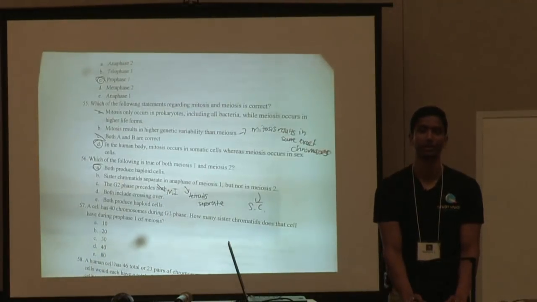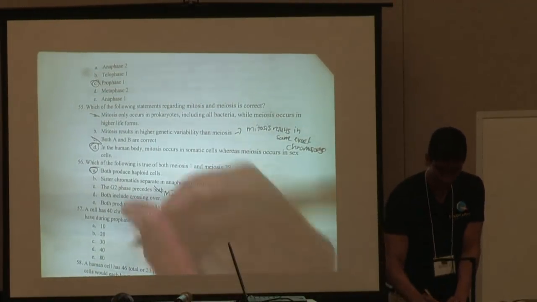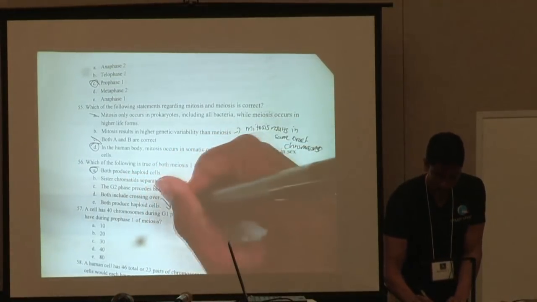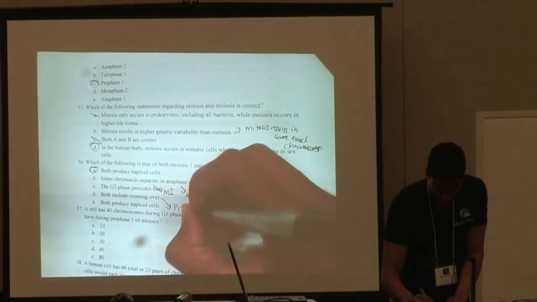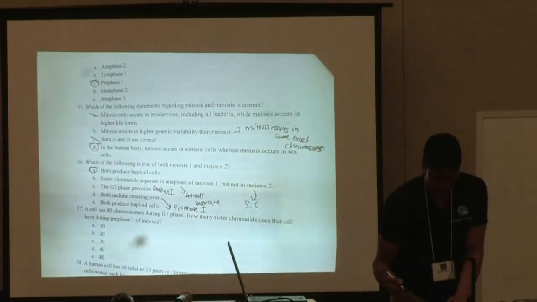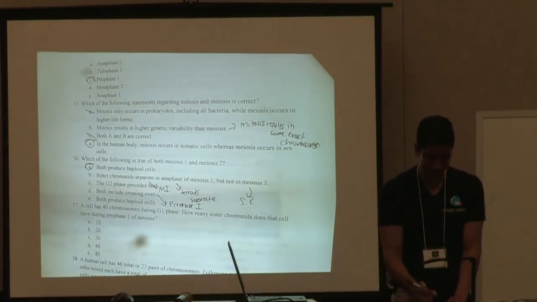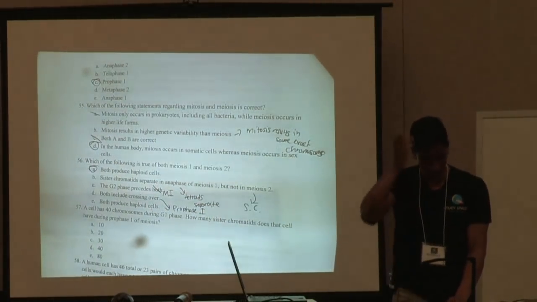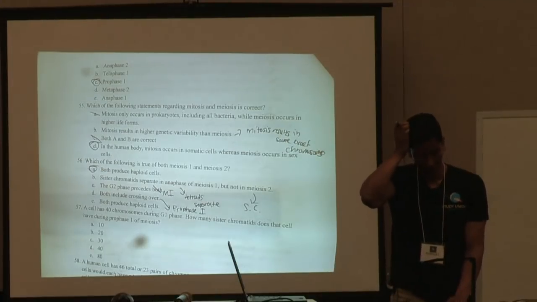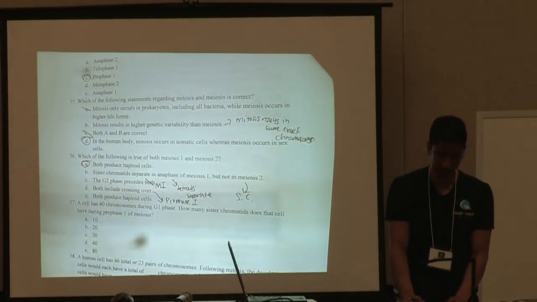When does crossing over occur? Prophase 1. Sorry, I know I'm drilling that into your head. So yeah, A. A cell has 40 chromosomes during G1 phase.